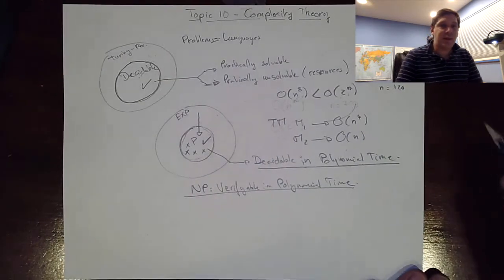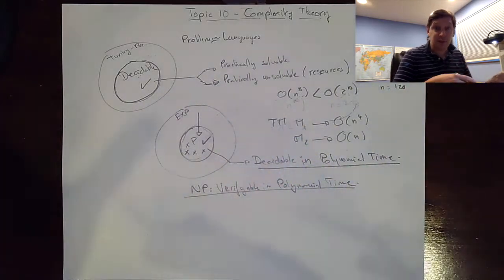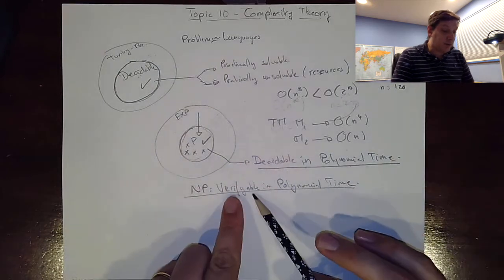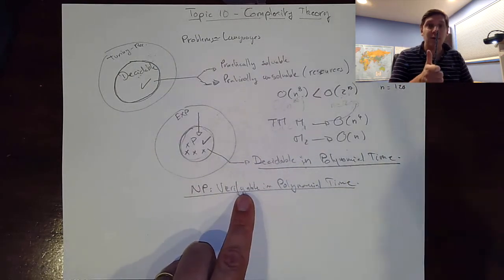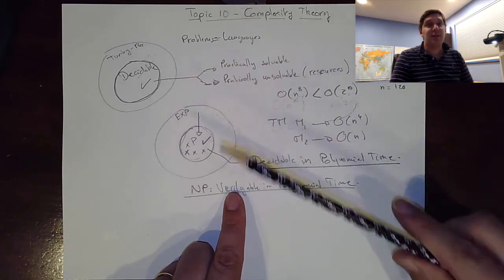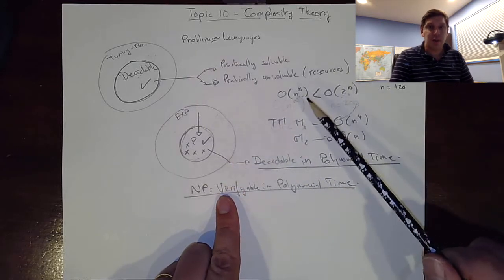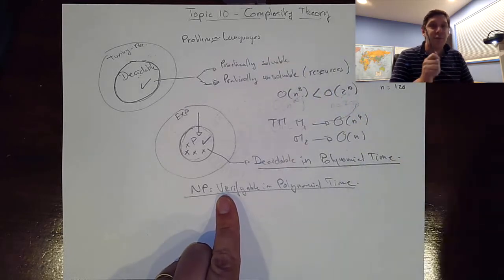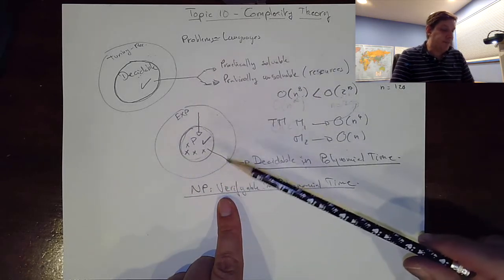And the nuance is that when you say decidable, that means that you actually decide what is in the language and what is not. You actually decide the whole language. When you say verifiable, it means you are given an input, and you can, in polynomial time for this input, decide if this input is in or not. So it's different to find all the solutions, not just to find one solution, and to be given an input and to verify if this input is in or not in polynomial time.